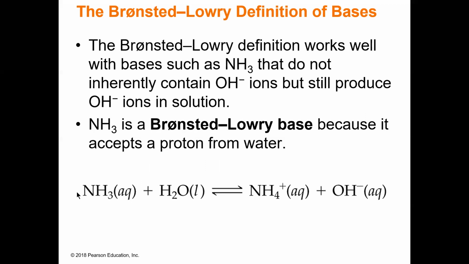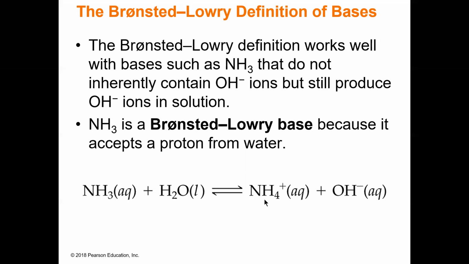Let's look at this one here. So NH3, I told you all that this was a base, but you can't really see it from just looking at the formula. So if we put it into an equation where we drop it into water, what happens here? We've got NH3 with water, and this will pretty much steal a hydrogen from the water.